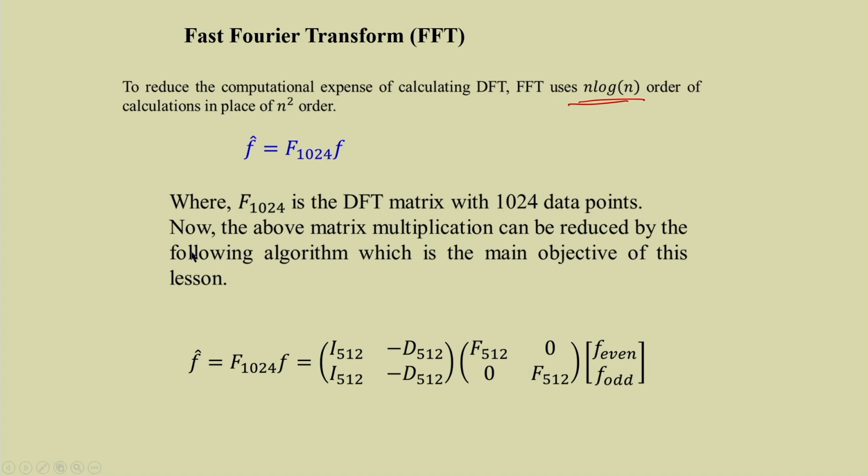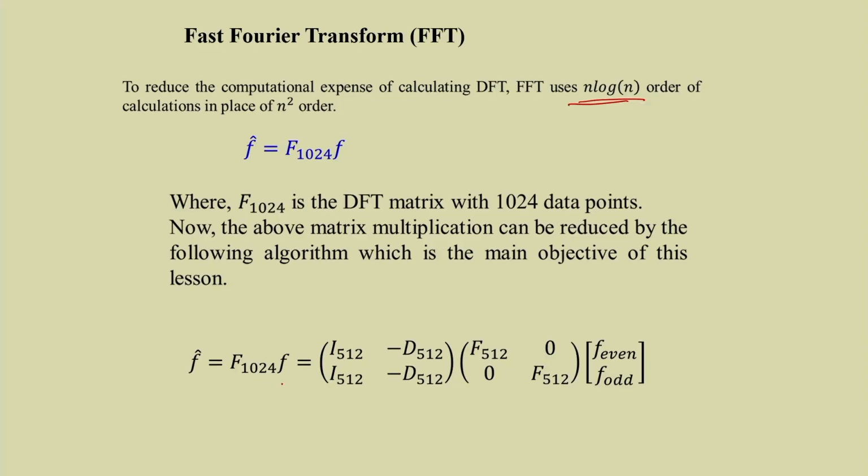Now the above matrix multiplication can be reduced by the following algorithm, which is the main objective of FFT. This matrix can be rewritten by separating odd and even numbers, so 1024 F can be rewritten in this form.